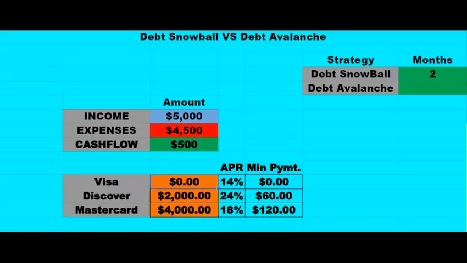The Visa payment was $30 a month, so our expenses will be reduced. Our new expense amount will be $4,470. That's the $30 that was going to the Visa. We no longer have that payment anymore, decreasing expenses and increasing cash flow to $530.